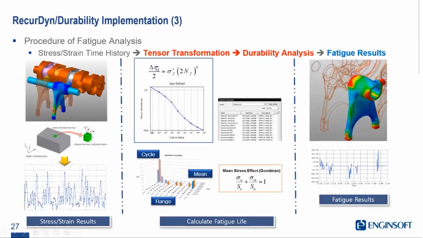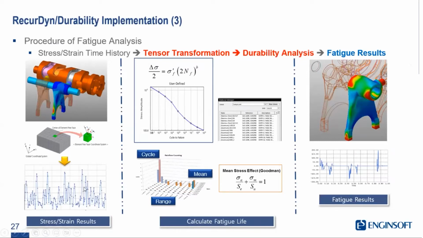So next we'll give a high level overview of what the procedure is. You'll run some flexible body analysis. I'm glossing over that part today, but I think we've done webinars in the past covering it.